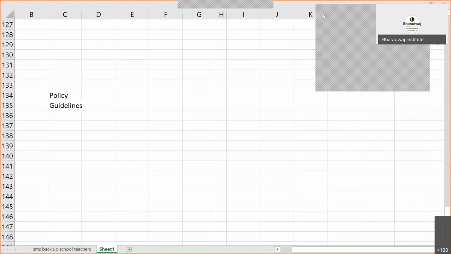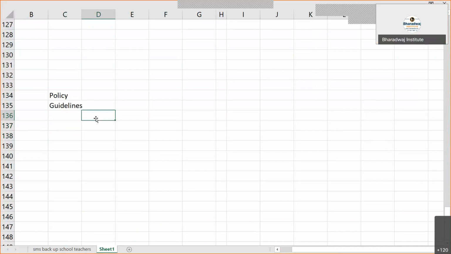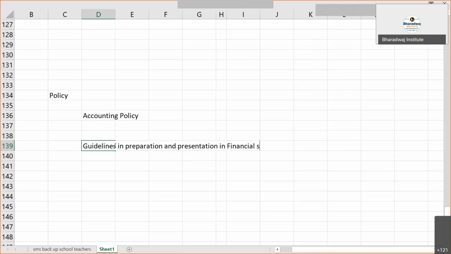Okay, coming back. What is an accounting policy? Same, guidelines in what? Guidelines in preparation and presentation of financial statements. So every company will have their own accounting policy.